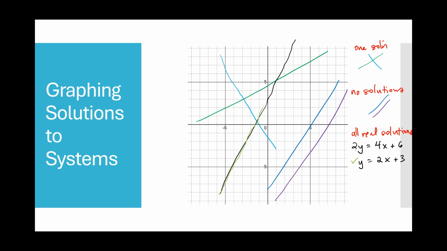They lie right on top of each other. Obviously my drawing does not make them perfectly right on top of each other, but you can imagine. So all real solutions end up graphed looking like it's just one line. No solutions are parallel to each other, and in one solution, it crosses at one point.